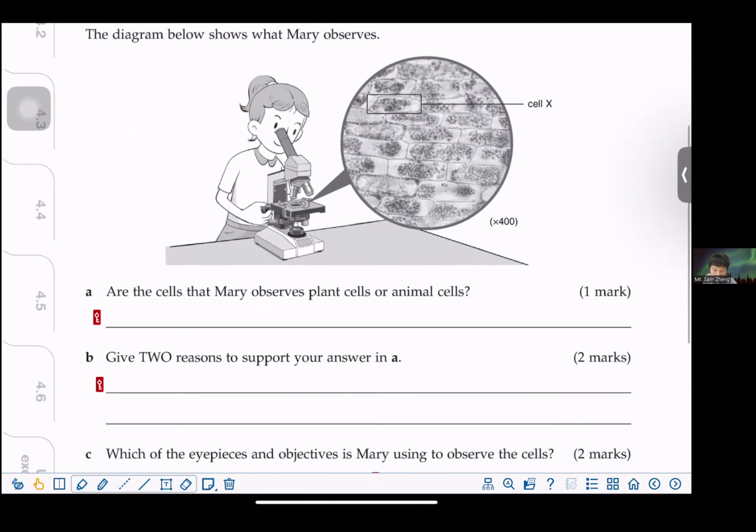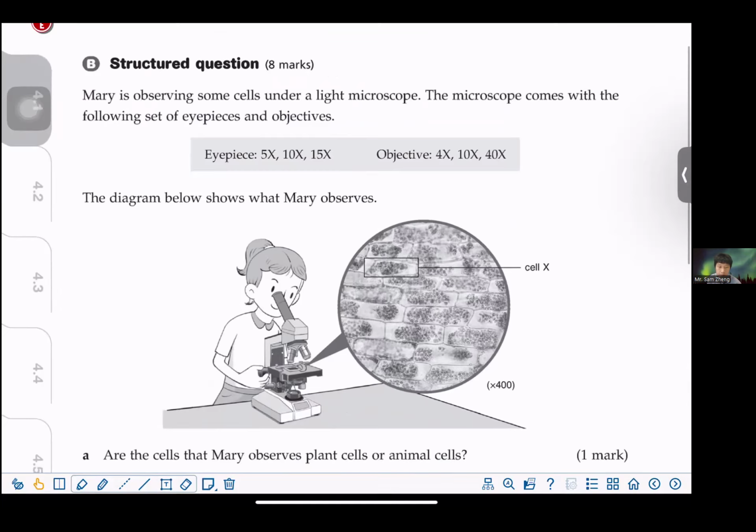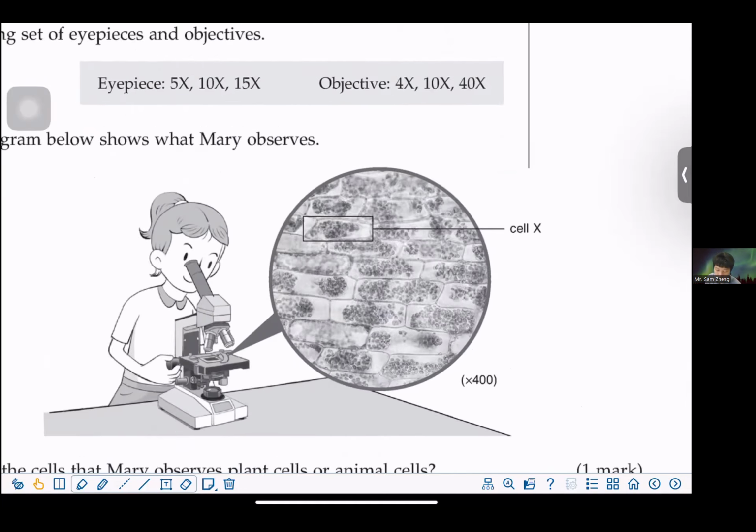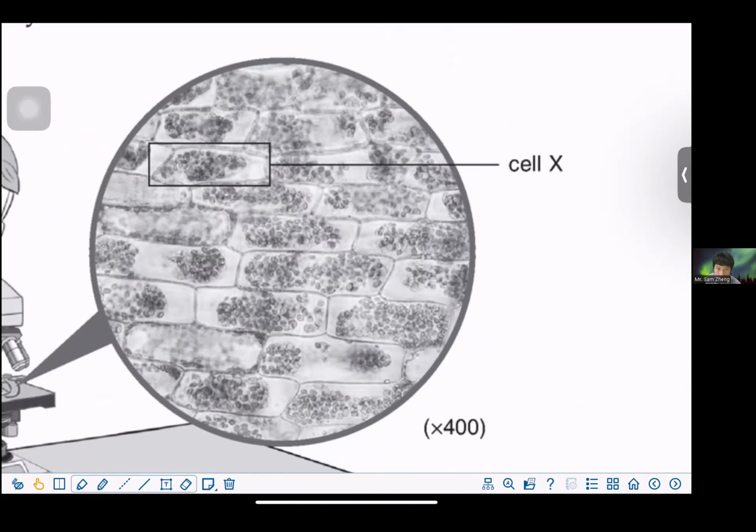So now let us quickly have a look at the cells that Mary observed under the microscope. We can see that there is a thickened, more darkened line which shapes the edge of the cells. That is not any shading, but a structure.